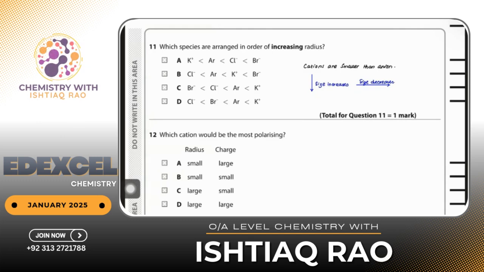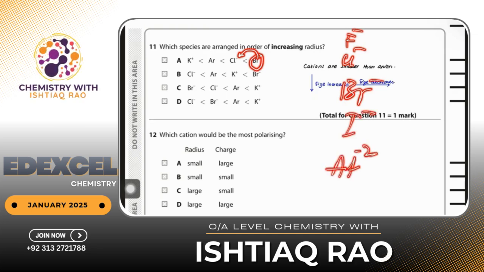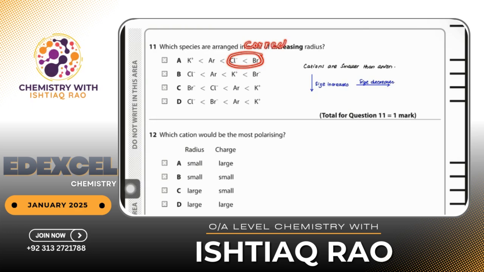What do you think? Let me check A. It's larger than chloride. It's good. Yes, it's correct because the positions are like that. So this is correct. This is wrong.